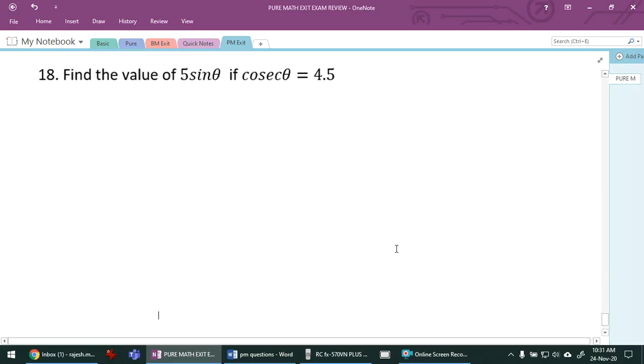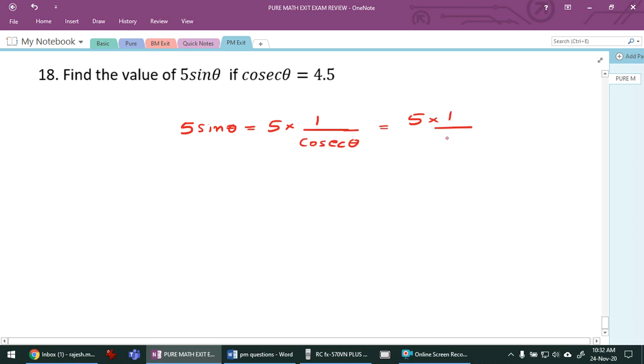Question number 18. Find the value of 5 sine theta if cosec theta equal to 4.5. Now 5 sine theta equal to 5 into, what is the rule for sine theta? Sine theta, the rule is 1 by cosec theta. Equal to 5 into 1 divided by, what is cosec theta?